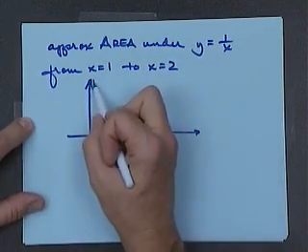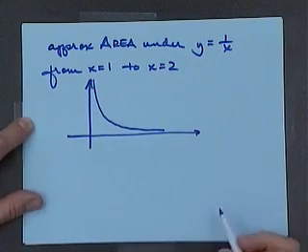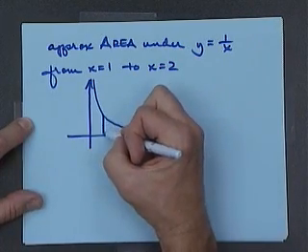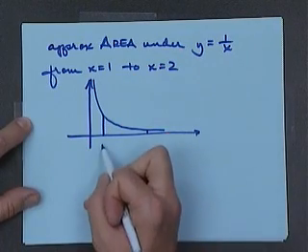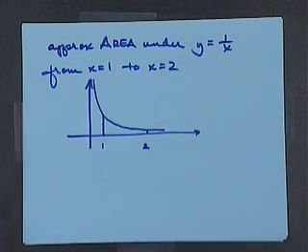So y equals 1 over x looks roughly like that. And we want to go from 1 to 2, which would be a whole lot closer, but let me bring it out here. So there's the region that we want.